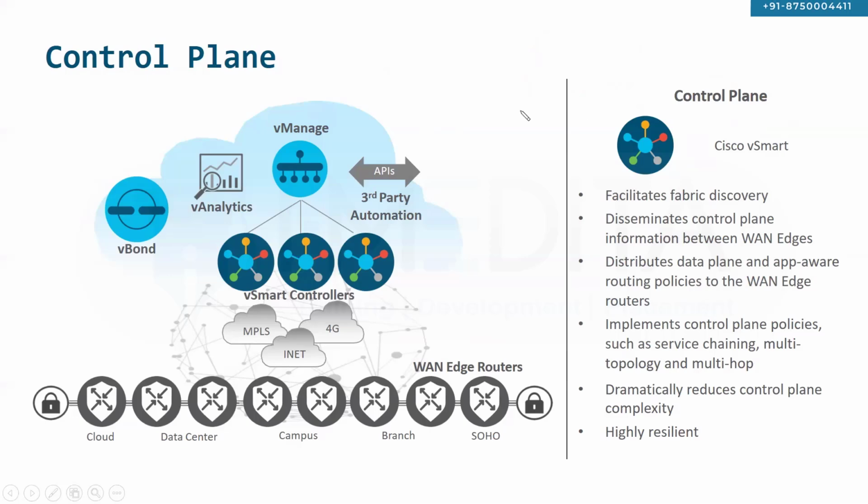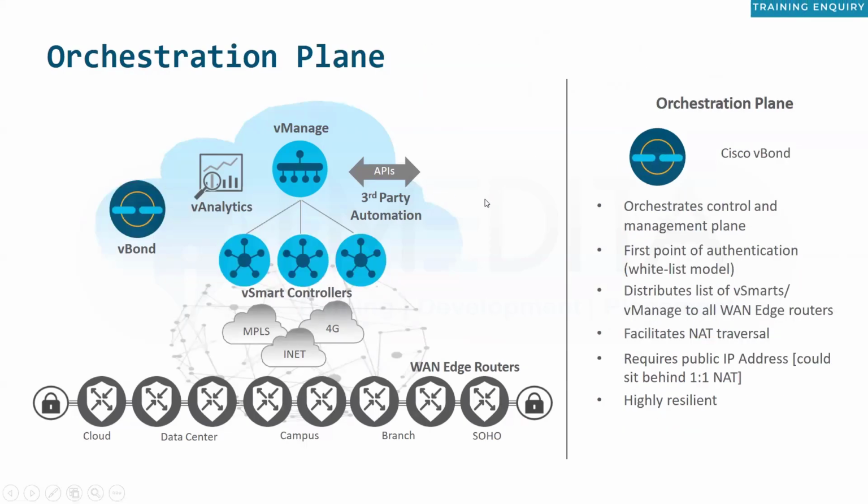NETCONF runs inside a secure tunnel, also known as the TLS tunnel. OMP runs just between the vSmart controllers and the managed router. I will come to that point as well, because I still have to cover the managed router, and that's where I'll mention that the OMP pairing comes up between them.